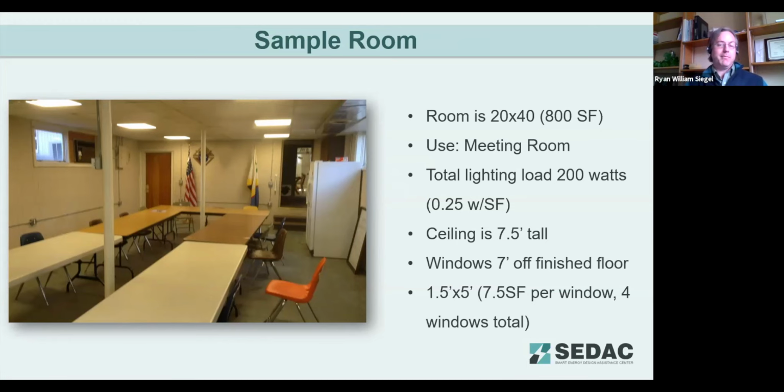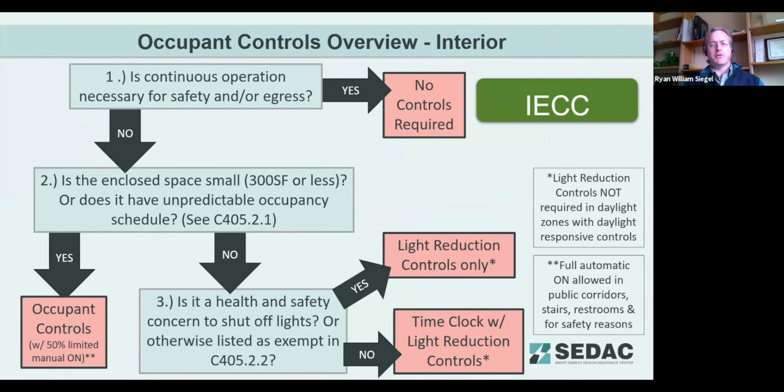So fairly good as far as our lighting power density. 7.5 foot tall ceiling and the like, and 7.5 square foot windows. So we're going to be taking a look through these controls in the IECC and focusing on this particular sample room to give you a little bit of an illustration.